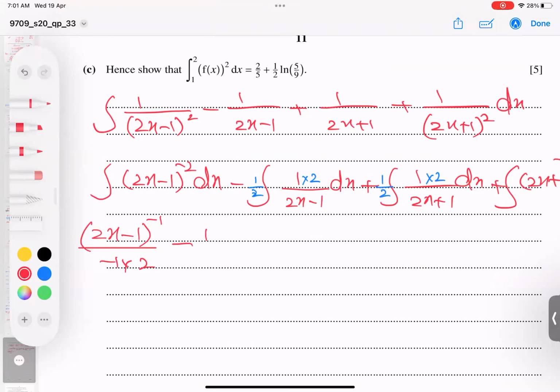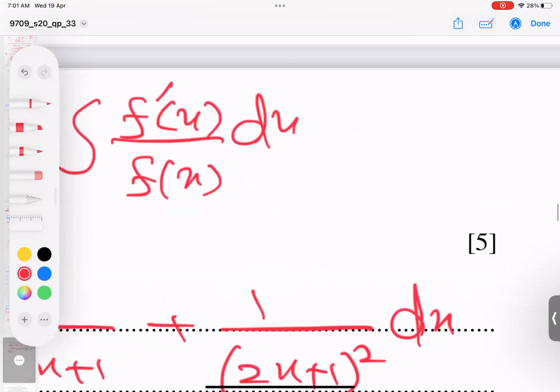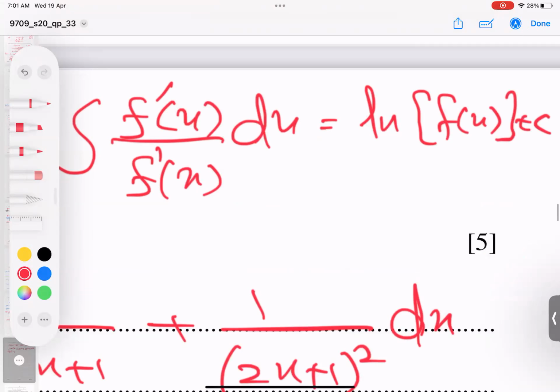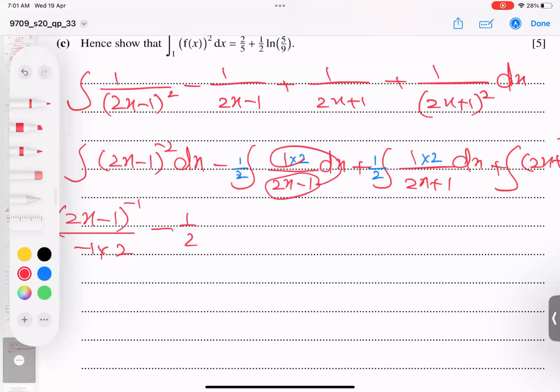And now I'm writing here, what is the basic formula of integration? If we have a function in the denominator, its differentiation comes in the numerator and the power of the function is 1, so the logarithm of the function is my answer, and this will eliminate automatically. So same story here: function down, its derivative up, and the function power is 1.